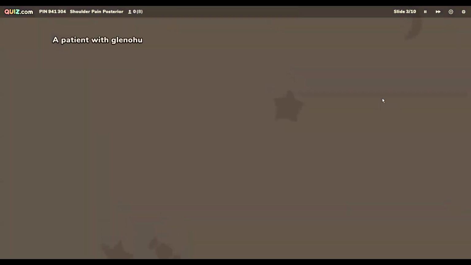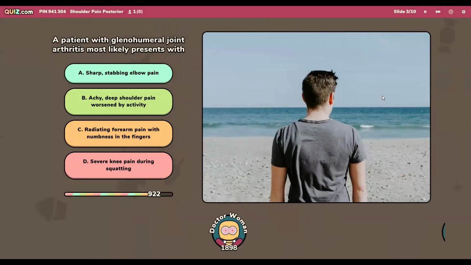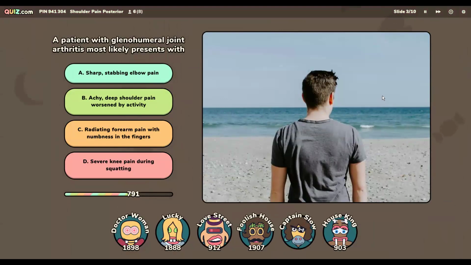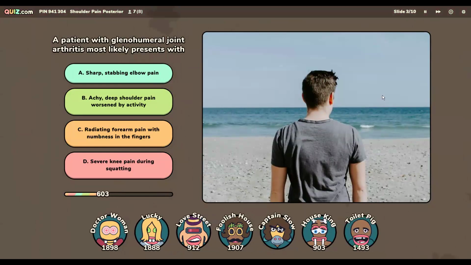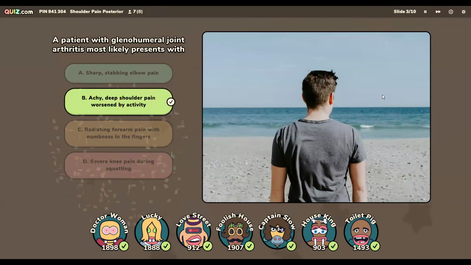A patient with glenohumeral joint arthritis most likely presents with achy, deep shoulder pain worsened by activity.